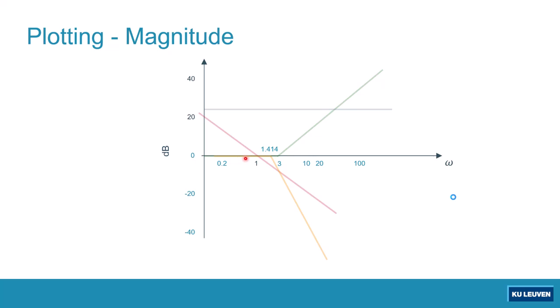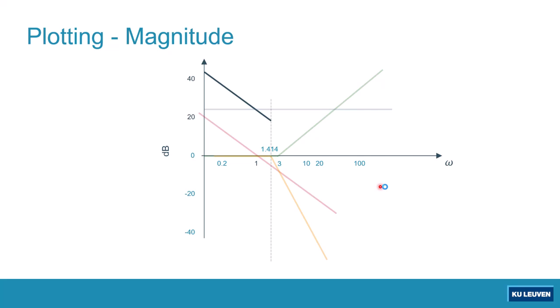So from low frequency until 1.414 radian per second, I simply have to sum 20 log 15 plus the line of negative 20 dB per decade from G2, because for G3 and G4 I have a 0 dB line. After I sum these 2 plots, this is what I will get.